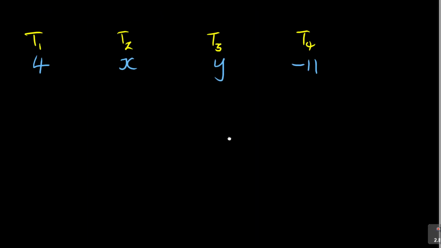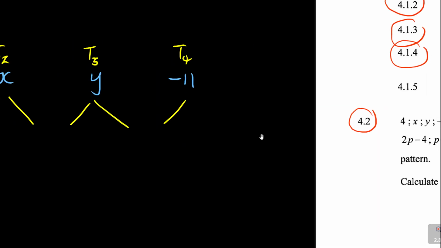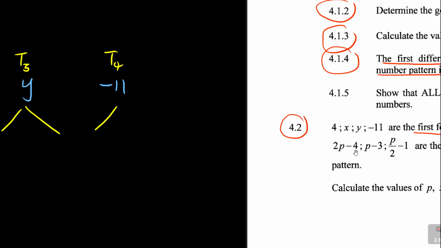So if I subtract, T2 minus T1, I'm going to get 2p minus 4.